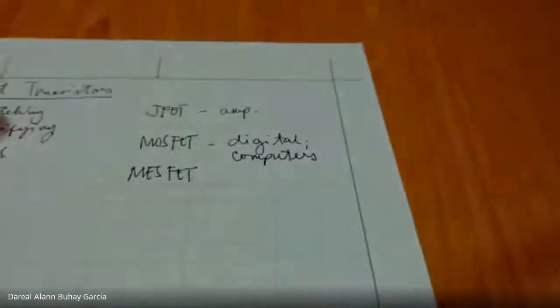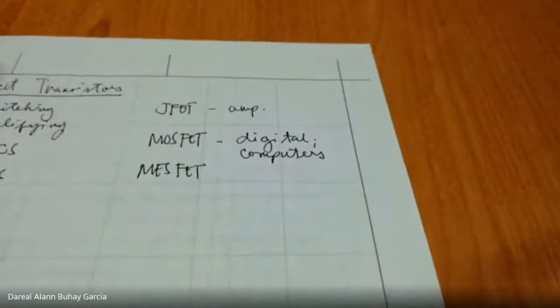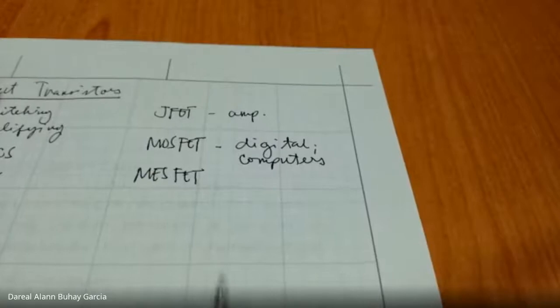The MOSFET is mainly used for digital applications. More specifically, the building blocks of computers like memories and microprocessors are MOSFETs. MOSFET is the transistor inside our microprocessors, microcontrollers, and such.